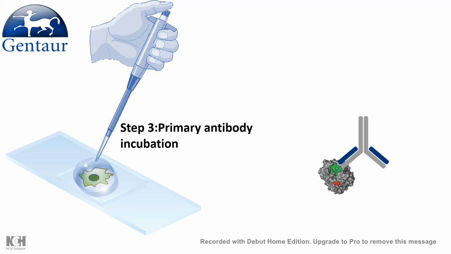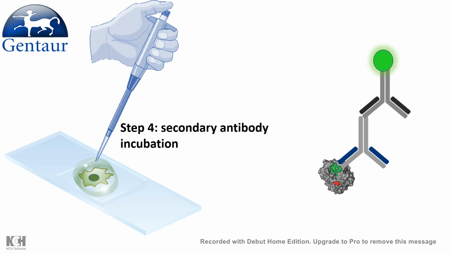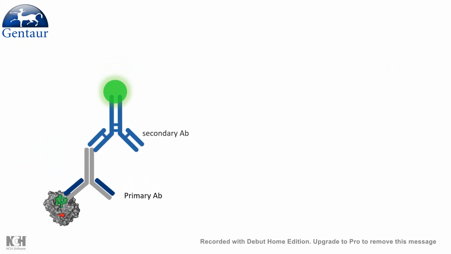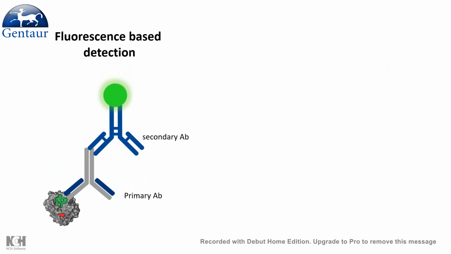And next, you need to visualize the signal. In order to visualize a signal, you use a secondary antibody, which is attached to a fluorophore, in this case, this green fluorophore. Now, there are many ways by which you can detect the signal. One particular way is to use a fluorescence-based method, where you use a fluorescent-attached secondary antibody, and the secondary antibody is specific to the Fc region of the primary antibody.